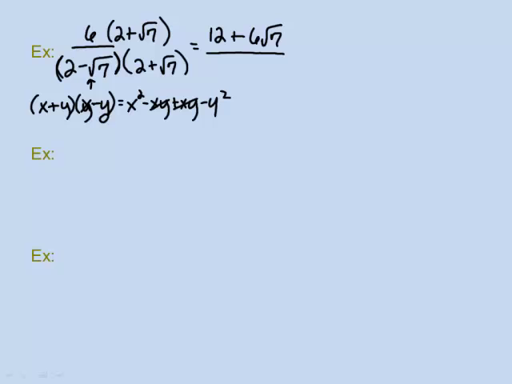And your outer and inner products canceled out, leaving you with simply the first term squared minus the last term squared.